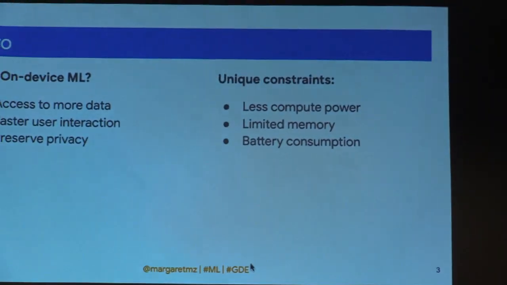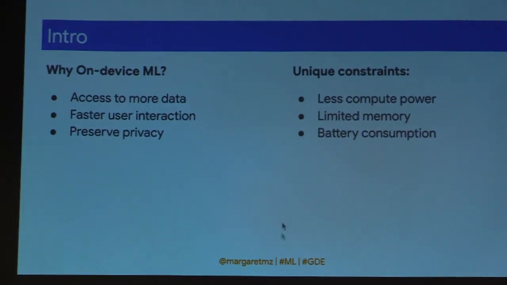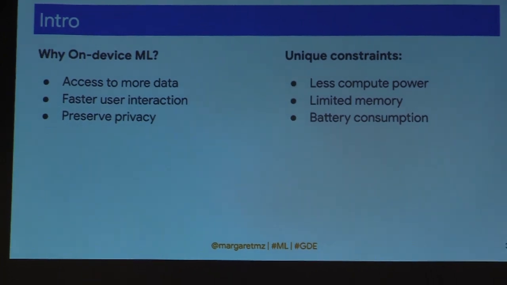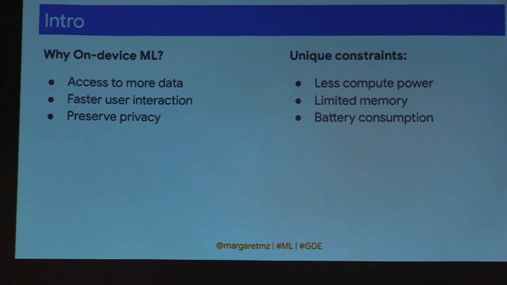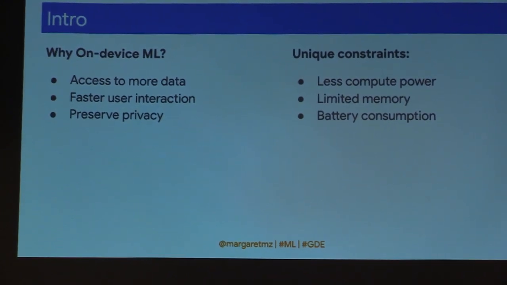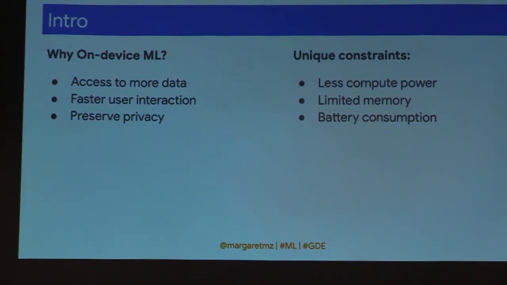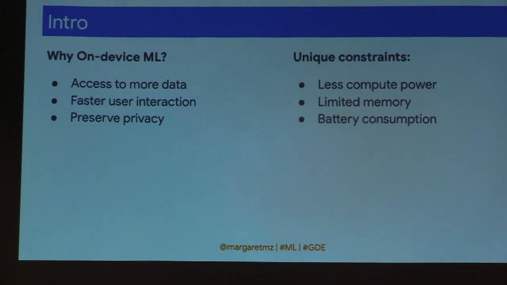So why on-device machine learning? We know you train in the cloud with GPU and TPU, and then when you run inference, you also run them in powerful servers in the cloud.